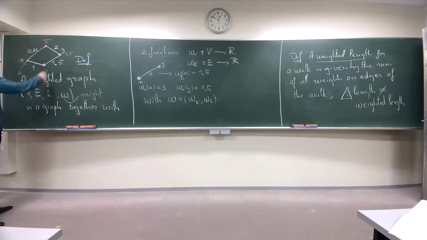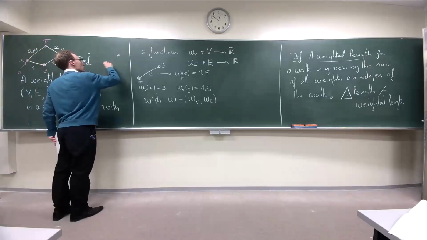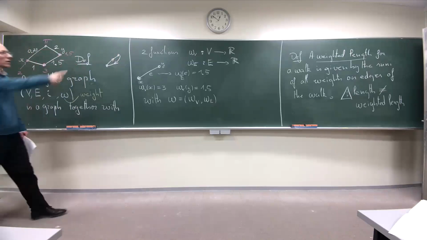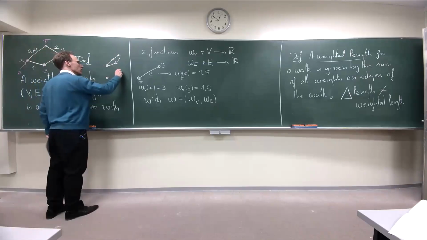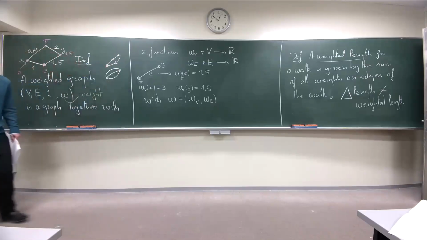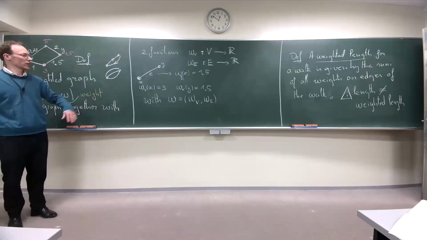And if you have orientations, you can even define a different weight on different edges, or even for unoriented. Even for unoriented, you could have a situation with 3 different weights on 3 different edges, because they are not the same if you have multiple edges.